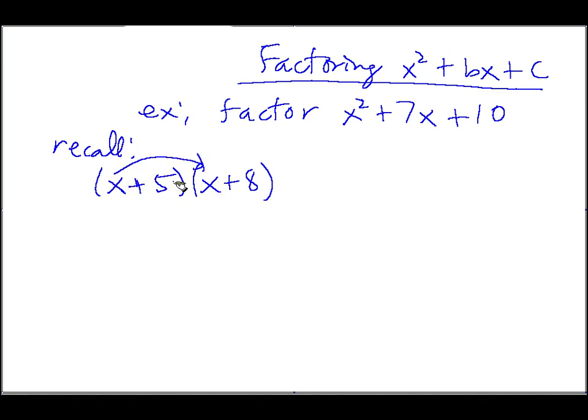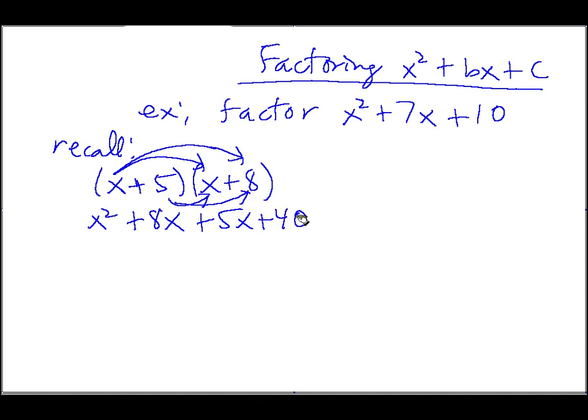X times x is x squared. X times 8 is 8x. 5 times x is 5x. And 5 times 8 is 40. So I combine like terms and I get x squared plus 13x, 8x and 5x, 13x, plus 40.